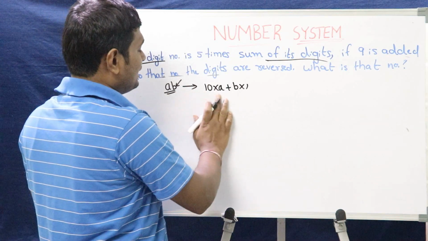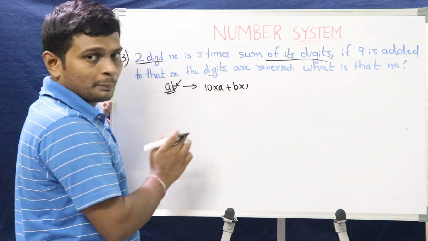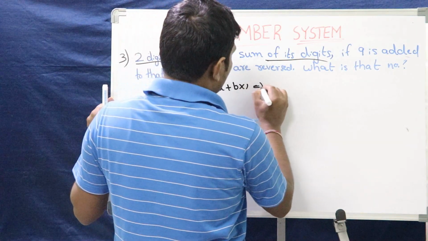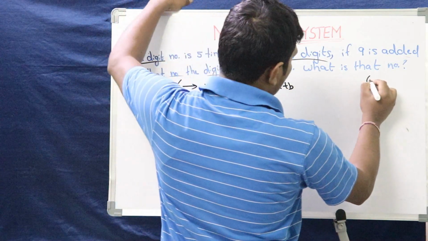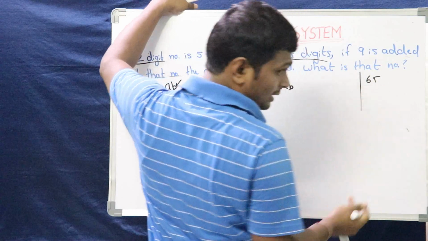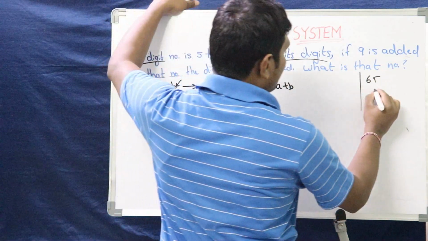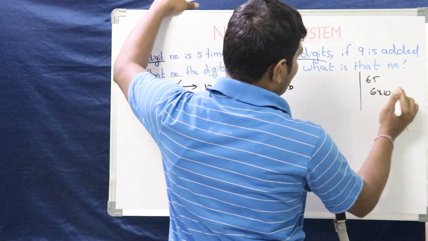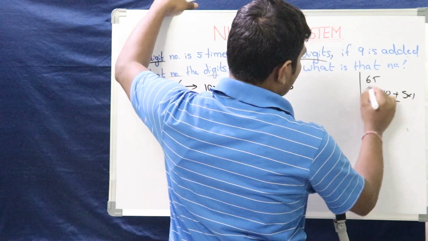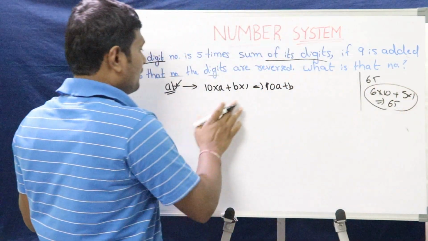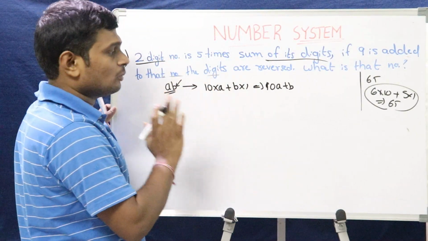So the number can be written as 10A plus B. Let's take one example, 65. How can we write 65? 6 into 10 because it is in the tens place, and 5 into 1, right? This is 65. So I have written that number as 10A plus B.